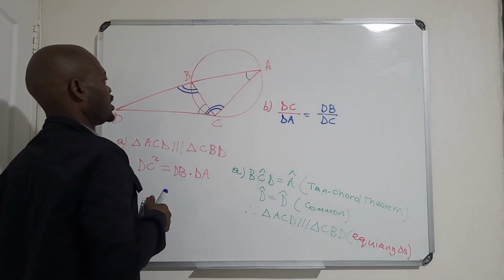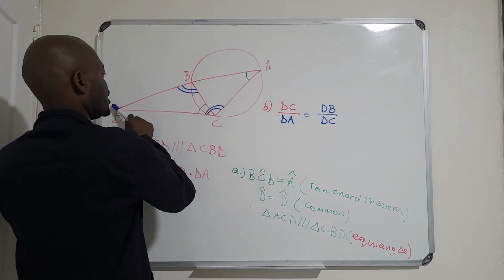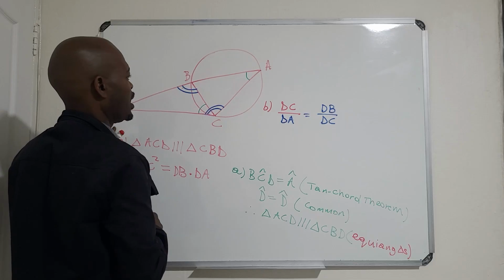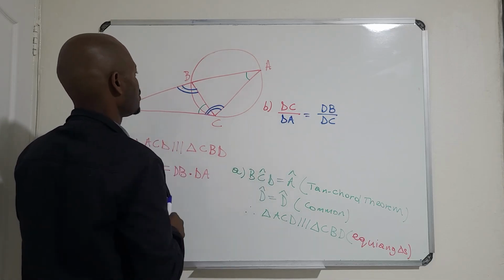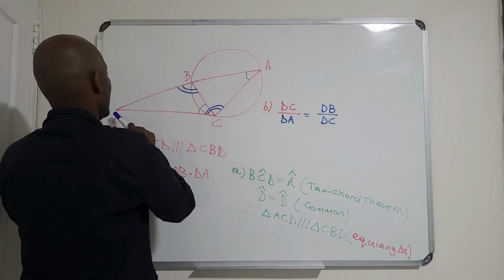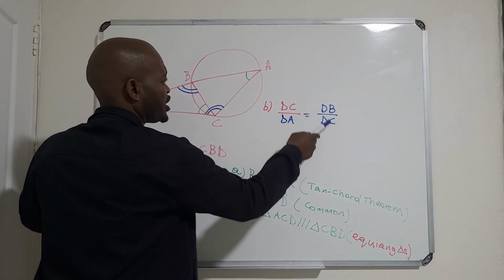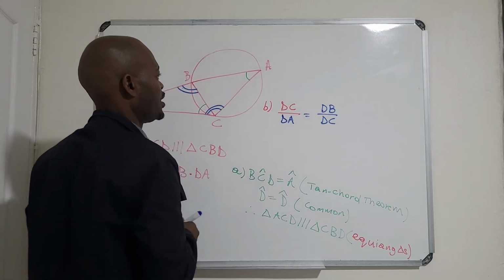DC. Therefore, this side over this side, since they're subtended by equal angles, is equal to this side over this side. Since they're subtended by equal angles, that is why we have that there.